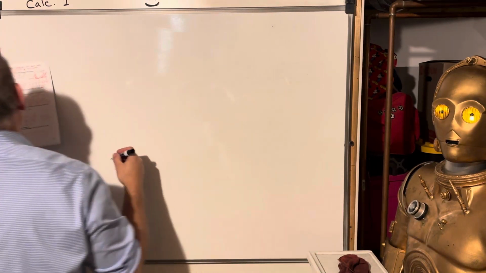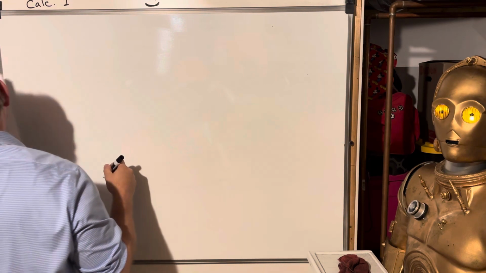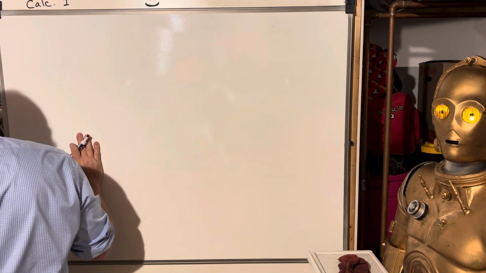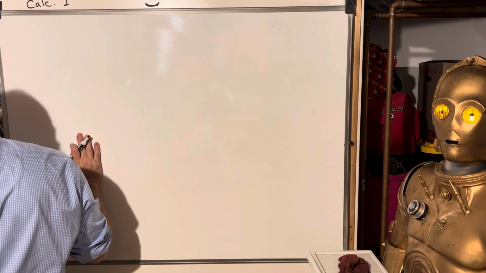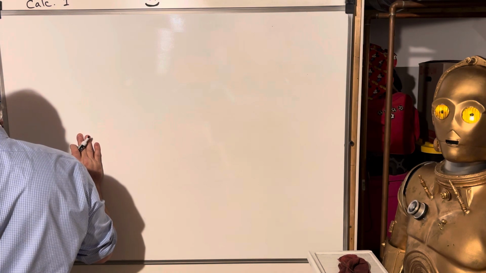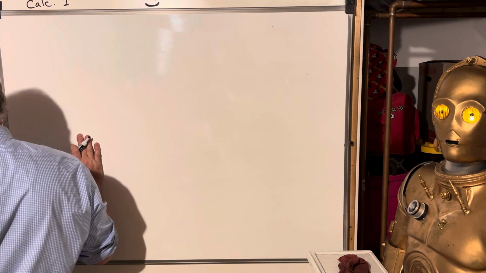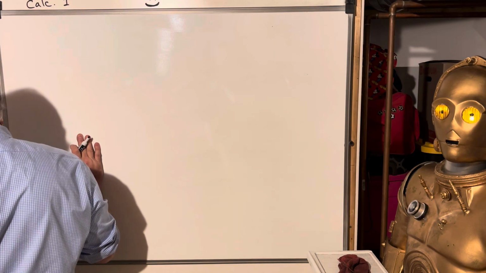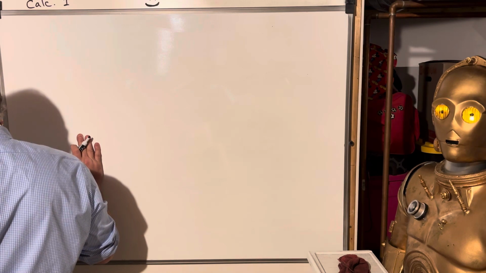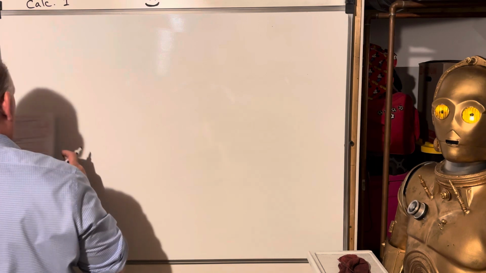If f of x is continuous on the closed interval a to b, then there is at least one point c, an element of [a, b], such that f of c times b minus a equals the integral. By using the mean value theorem, we find the average. There's at least one rectangle over [a, b] of some height f of c where the area is exactly the area under the curve.